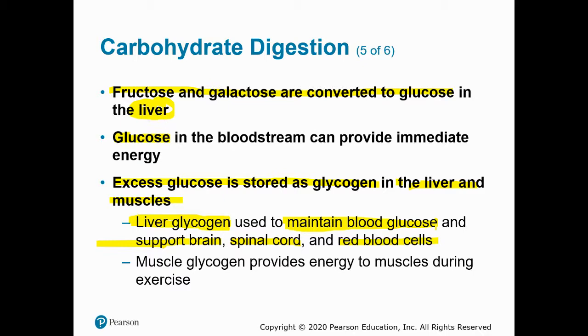Whereas the muscles, that's for the muscles. So muscle glycogen is for the muscles. The liver glycogen is for the brain and the blood, because the brain can't really store so much glycogen, and the blood can't really store so much glycogen. That wouldn't really work. But your muscles can store a little bit of glycogen for their own use. So glycogen stored in the muscles provides energy to the muscles, particularly during exercise.